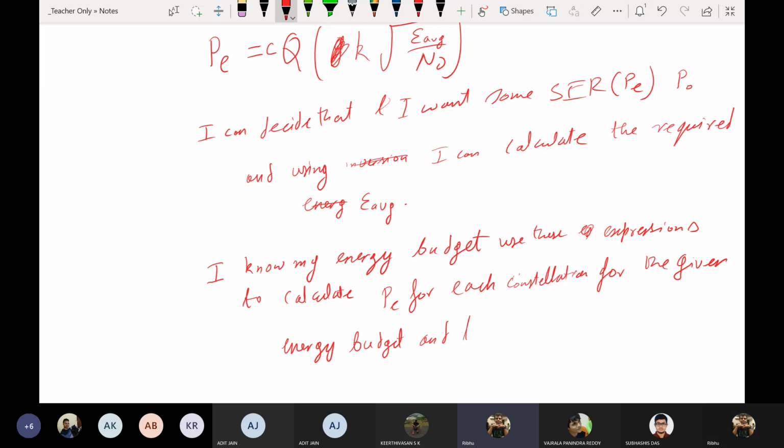So you can either keep the energy constant or you can keep the bit error rate constant.